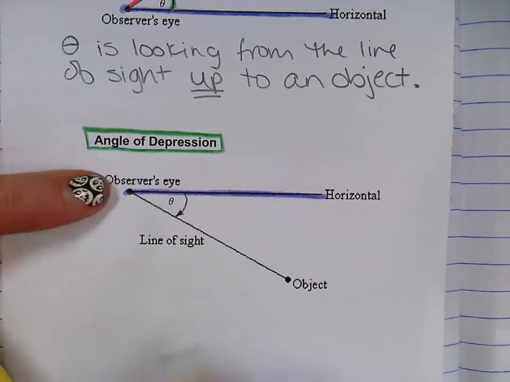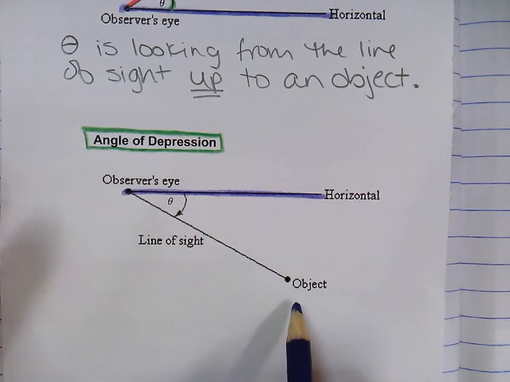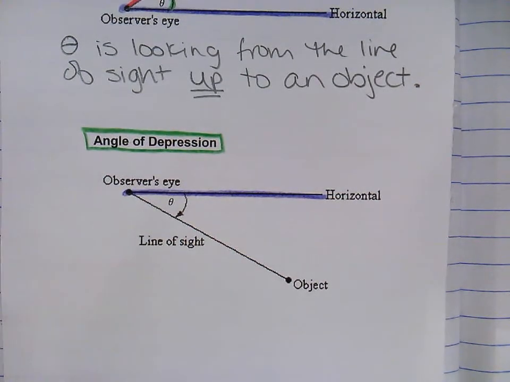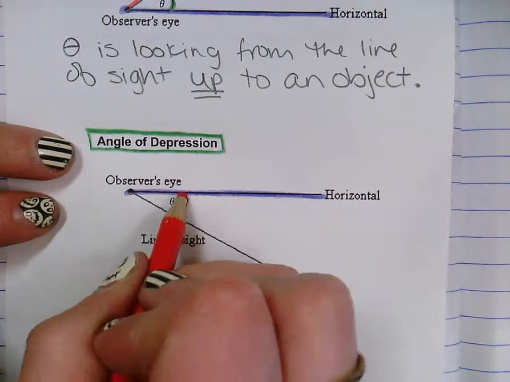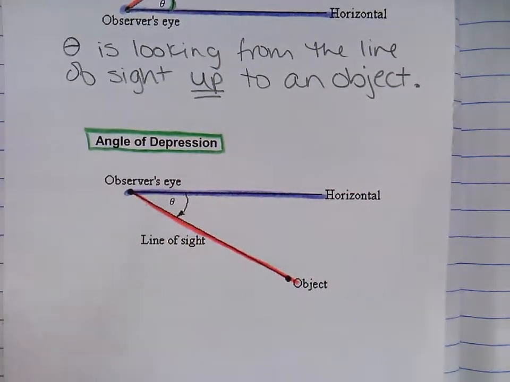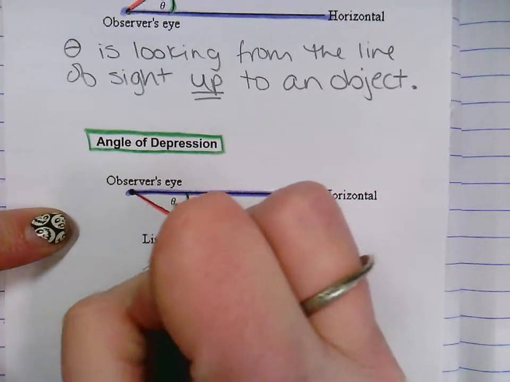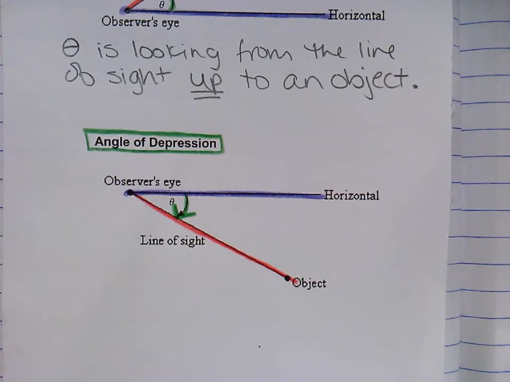Now if we have an object lower, maybe down on the ground, then the observer is going to have to look down, and this would be their new line of sight. And so now we get this angle here, which is called the angle of depression.